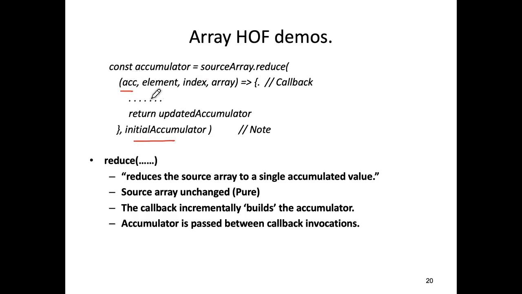Within the body, I do some computation. I take the current value of the accumulator and I update it based on some properties of the current element that's being processed. And I return the updated accumulator that has been computed. This updated value now becomes the first parameter of the second invocation of my callback.